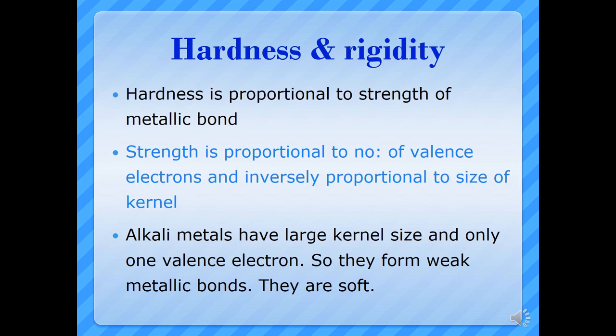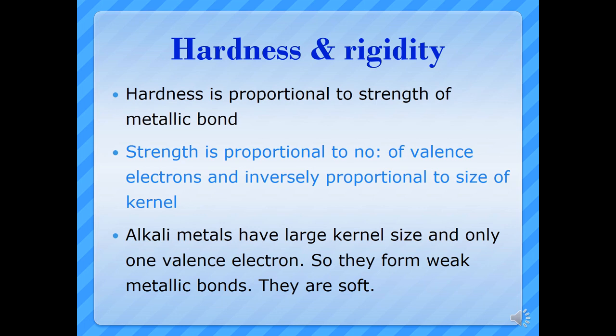And the strength in turn is proportional to the number of valence electrons, but inversely proportional to the size of the kernel. As the size of the kernel increases, the strength of the metallic bond decreases. Also, if the number of valence electrons increases, the strength of the metallic bond also increases.